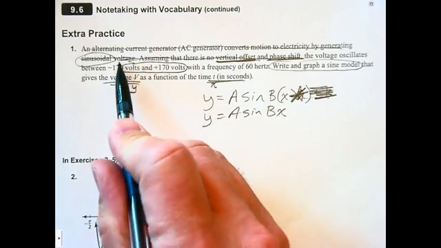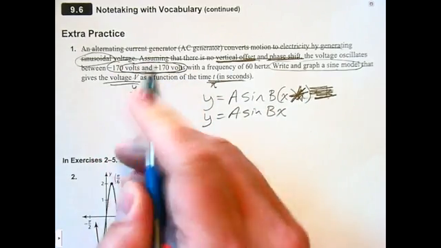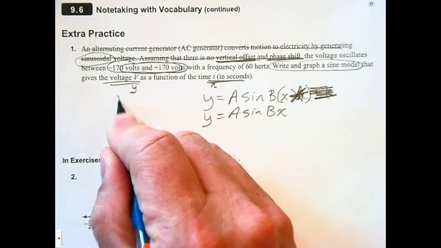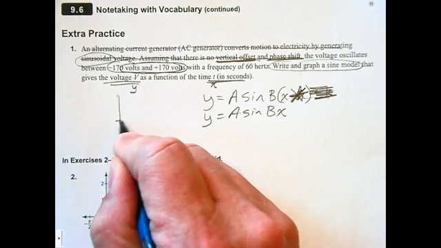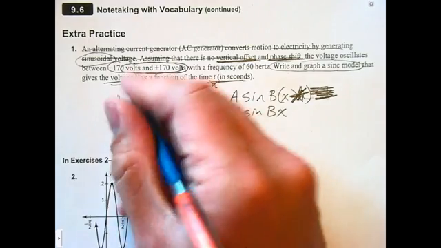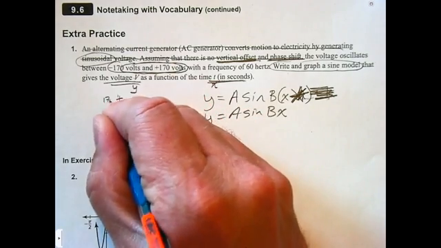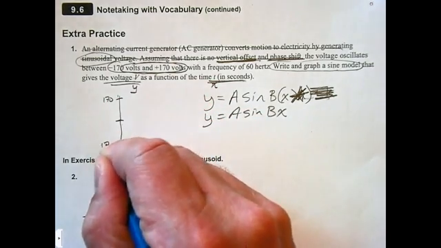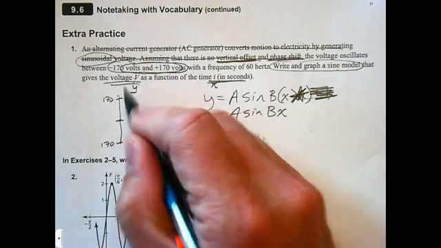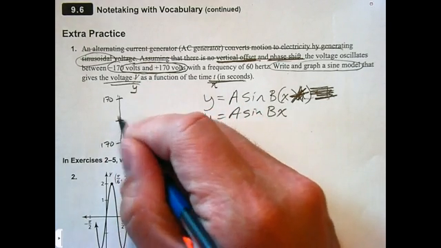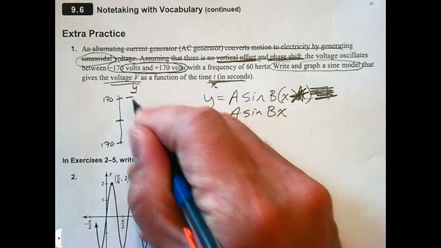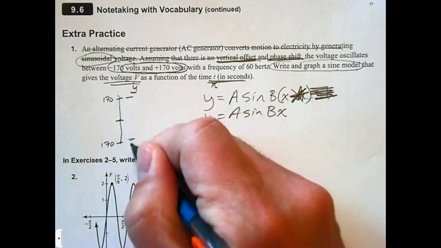Which means if I am fluctuating between positive 170 and negative 170, if I was to graph that, I would be fluctuating on a vertical axis from 170 to negative 170. Why vertical? Because voltage is your y-axis. So when I am fluctuating between here and here, I am going back and forth.